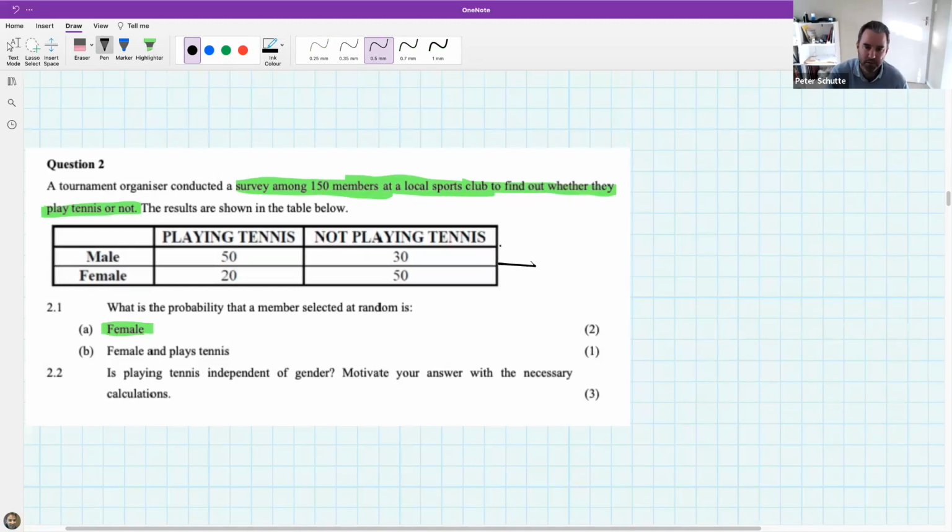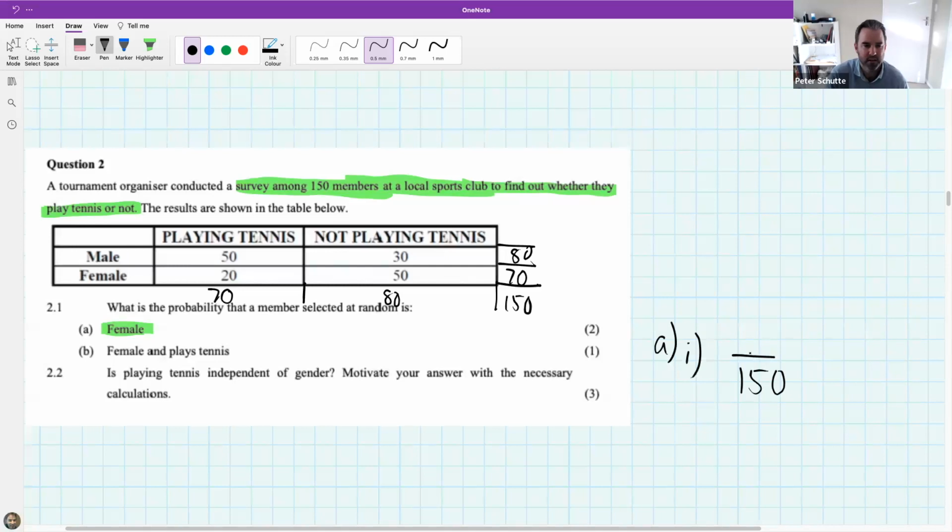Well, we probably need a bit of extra stuff here, don't we? So I'm going to fill in these extras here. That's 80, and then that is 70, I guess. And then this would be 150.